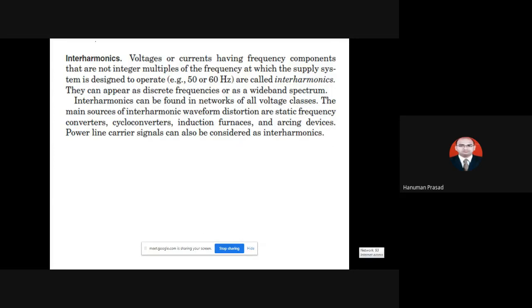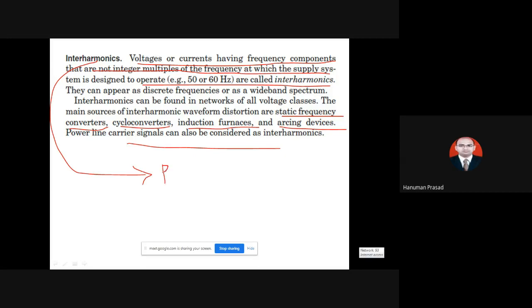Interharmonics. Interharmonics means the magnitude of voltage or current having frequency components that are not an integral multiple of the frequency at which the supply is designed to operate. तो इंटरहार्मोनिक्स का मेन सोर्स ऑफ इंटरहार्मोनिक्स आर स्टैटिक फ्रीक्वेंसी कन्वर्टर्स। फ्रीक्वेंसी कन्वर्टर मींस साइक्लो कन्वर्टर्स, एसी वोल्टेज रेगुलेटर्स, इंडक्शन फर्नेस, आर्क डिवाइसेस आर मेन सोर्स ऑफ इंटरहार्मोनिक्स। Power electronics converters are the main source of interharmonics.